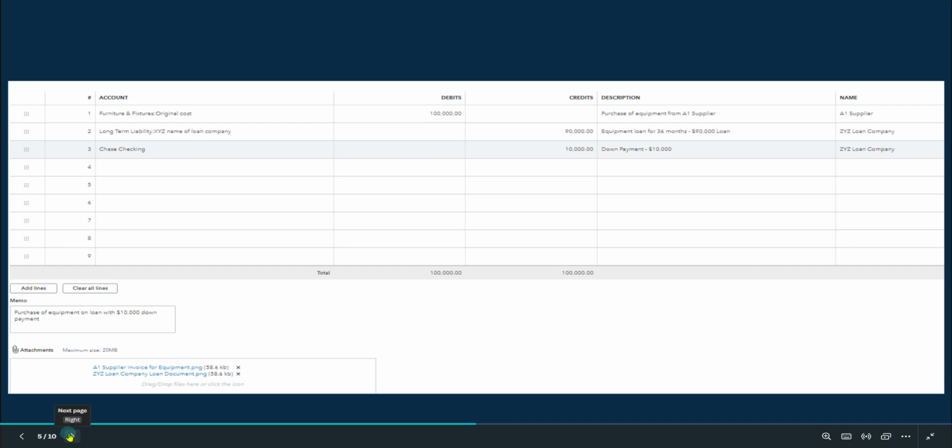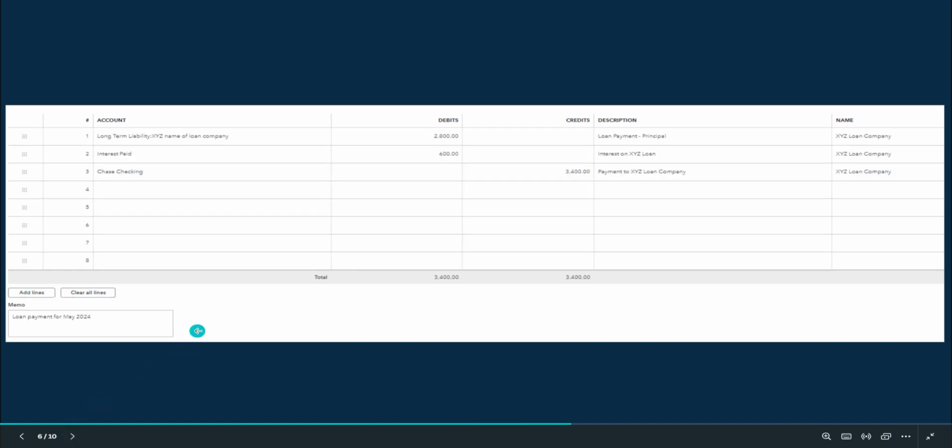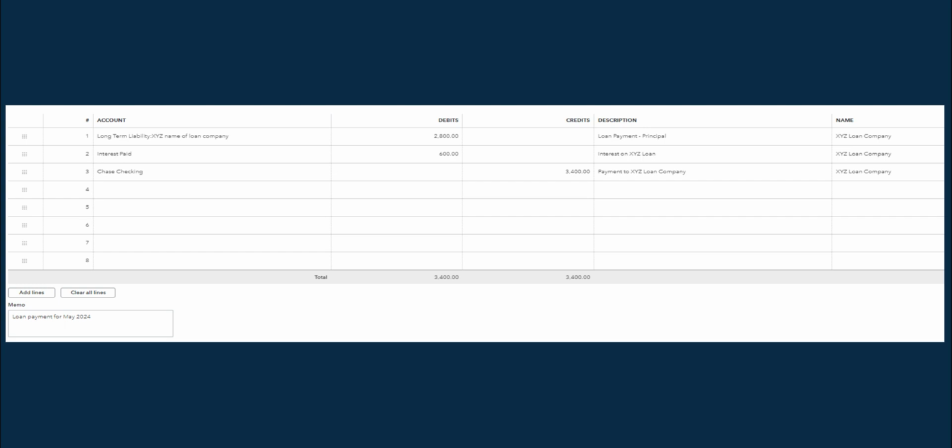Now I'm going to go to the next monthly transaction you may have. The loan company will send you a bill. The bill will say, hey, you owe me, in this case, a $3,400 monthly payment. The payment invoice will probably show you the split, how much is the principal portion and how much is the interest portion.